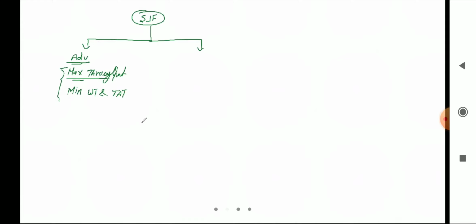Can you tell me the disadvantage of shortest job first? What can be the disadvantage of shortest job first? Okay, let me tell you.